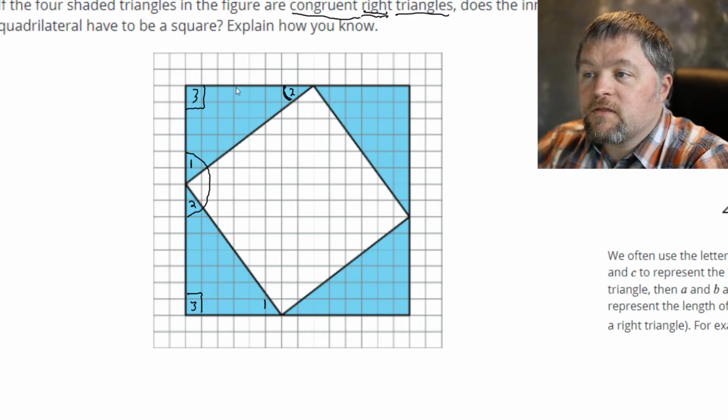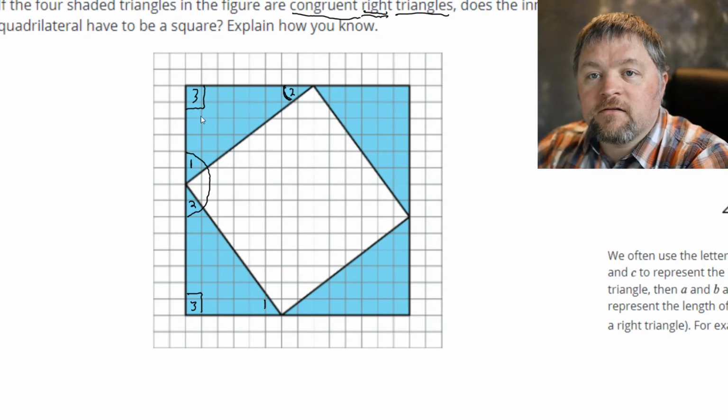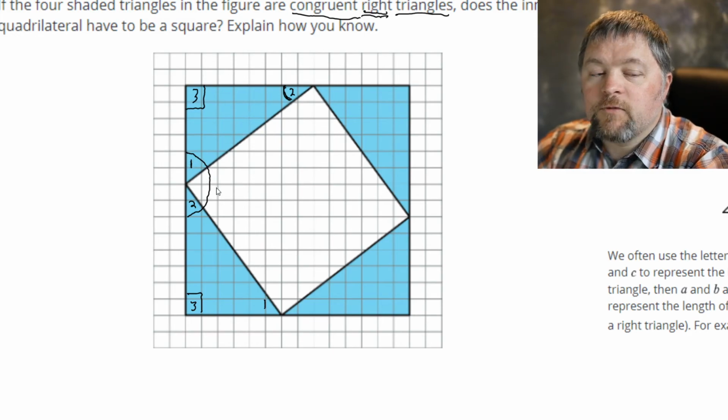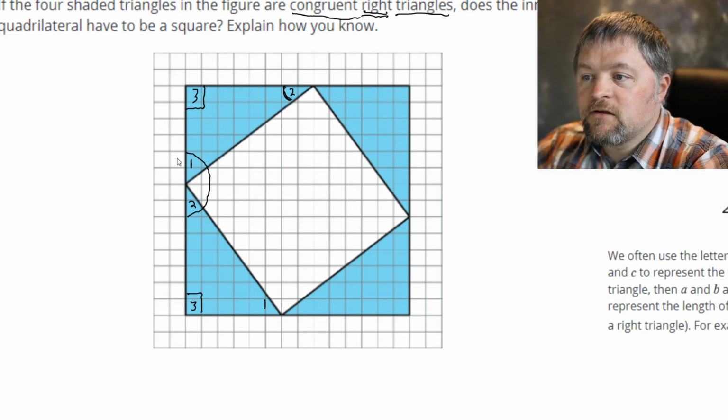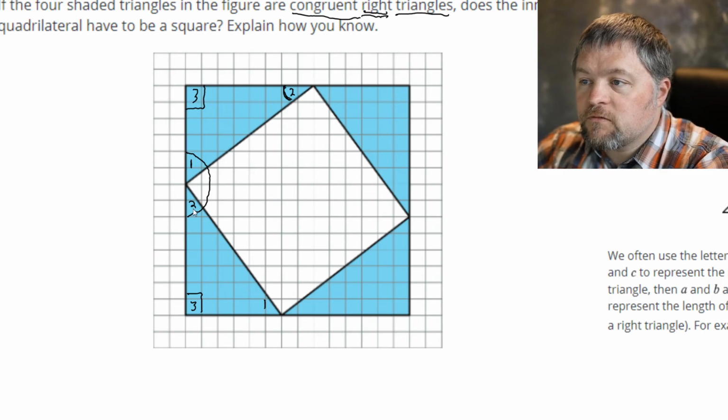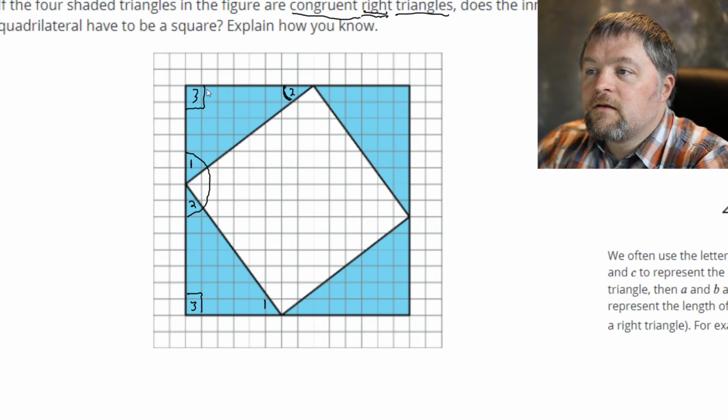And we know the angle sum of a triangle is 180 degrees. And we know the angle sum of this is 180 degrees, which means angle 1 plus angle 2 has to be 90 degrees.